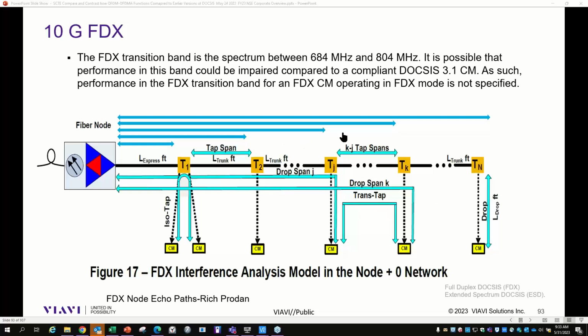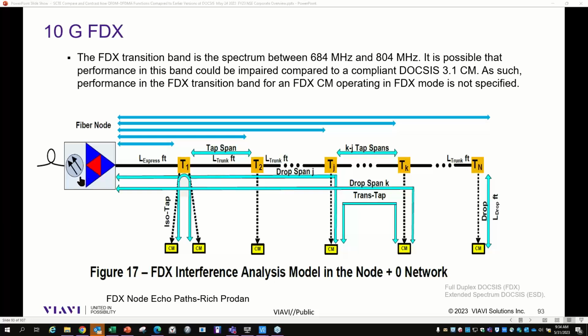But one of the issues you deal with when you don't have a segregated upstream and downstream, and you're bonding upstream and downstream within the same bandwidth, is echoes, right? So how do you deal with echo canceling between modems that are transmitting upstream and downstream capability at similar frequencies? For example, instead of just transmitting on the upstream 5 to 42 or 85 to 204, now they're using the downstream and upstream for upstream capabilities and therefore producing echoes.